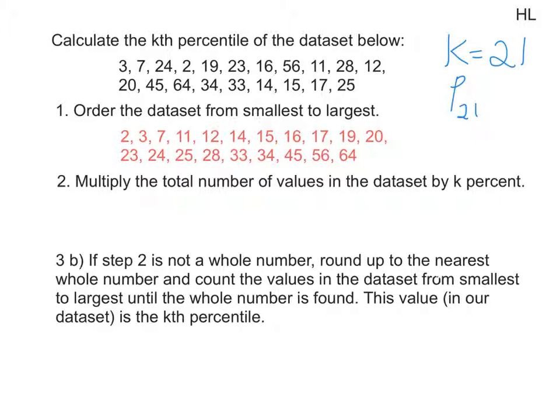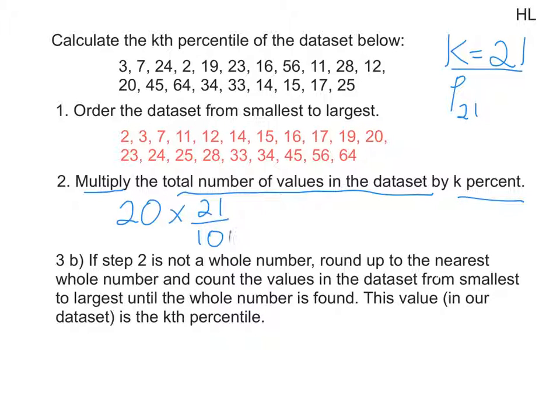Step 2 tells us to multiply the total number of values in the dataset, so we still have 20 values, by k%. In this case k equals 21, so 21% is 21 over 100. When we do this calculation, we get a value of 4.2.